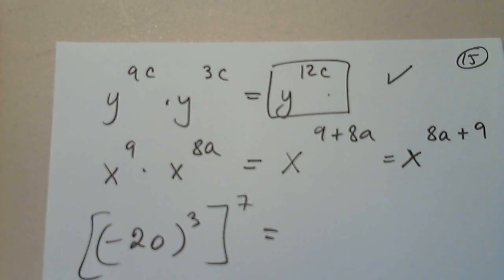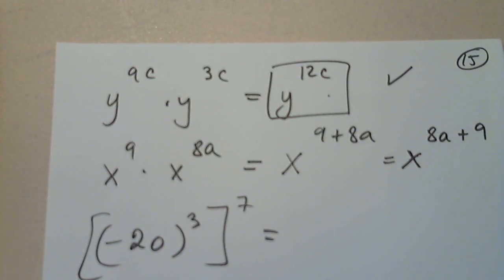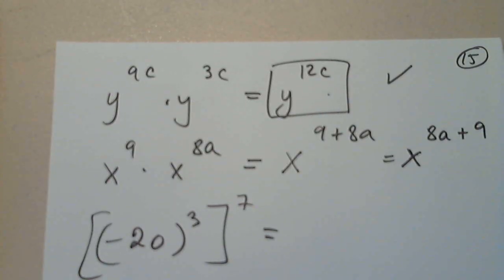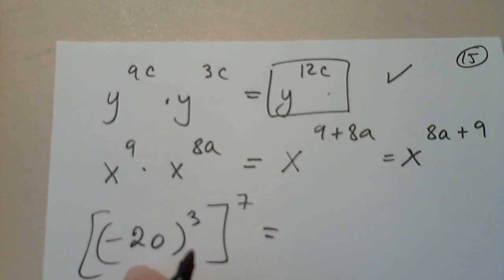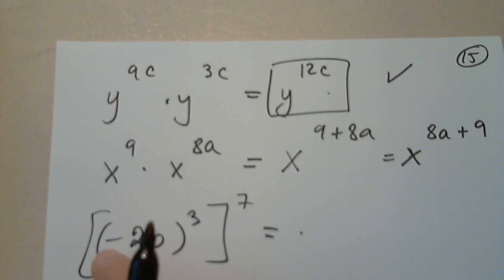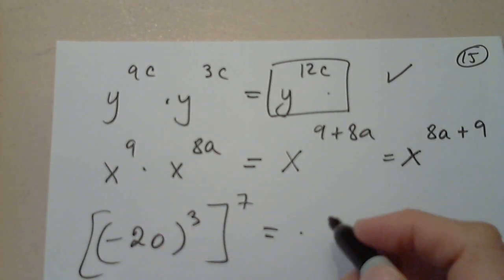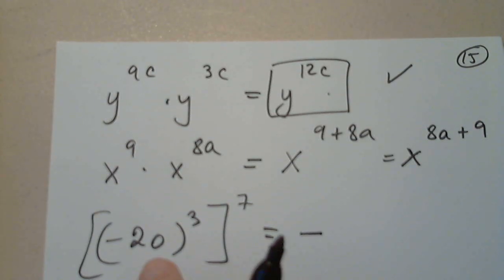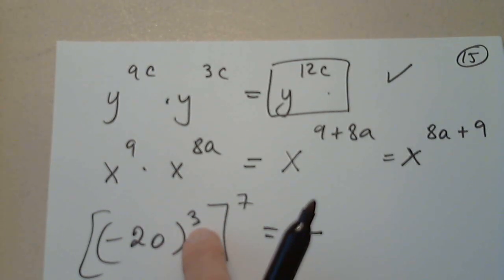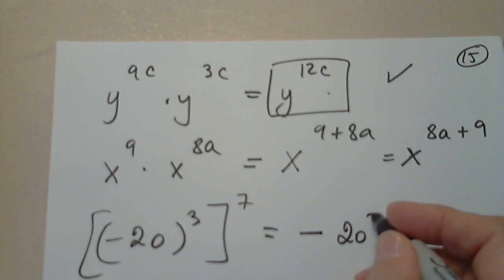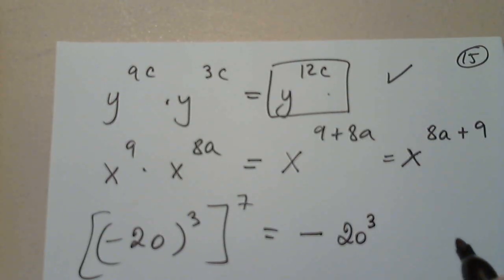What about the third one? First, we work inside. We work from inside our way to the outside. First, I have to copy negative 1 to the third, which is still negative. 20 to the third is 20 to the third for now.